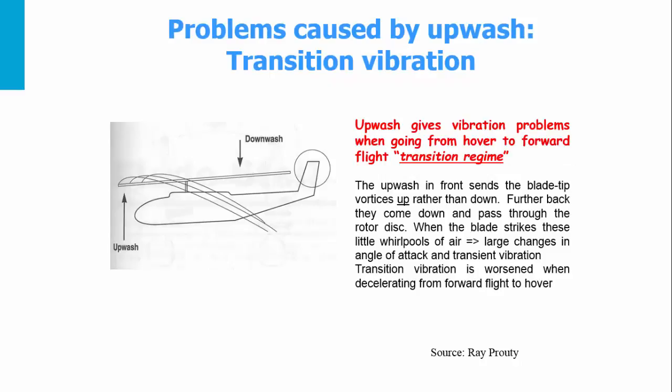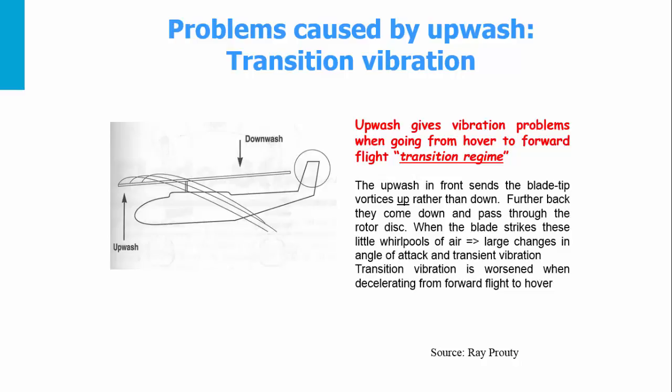Another problem caused by the upwash is the transition vibration. The upwash gives vibration problems when we are going from hover to forward flight. What is happening? The upwash in front will send vortices not down but up.